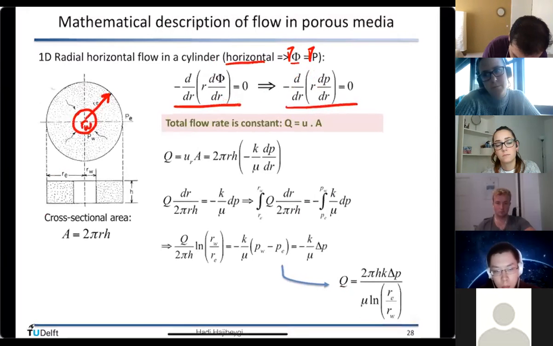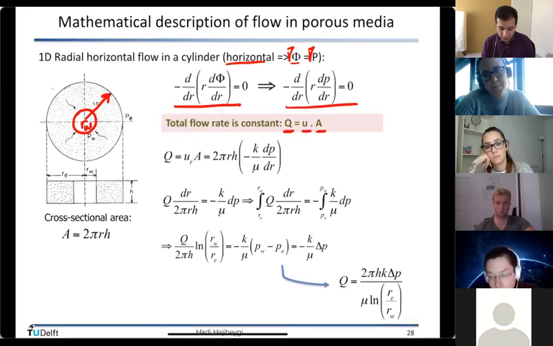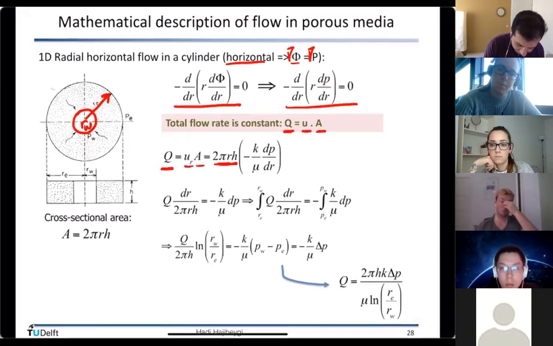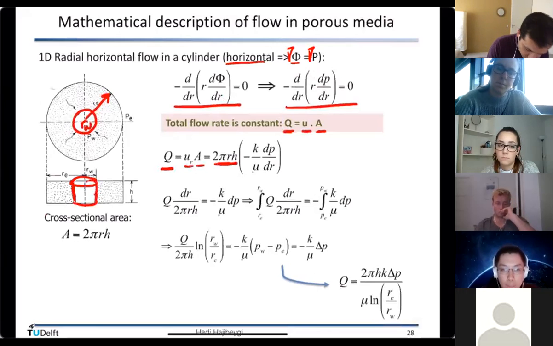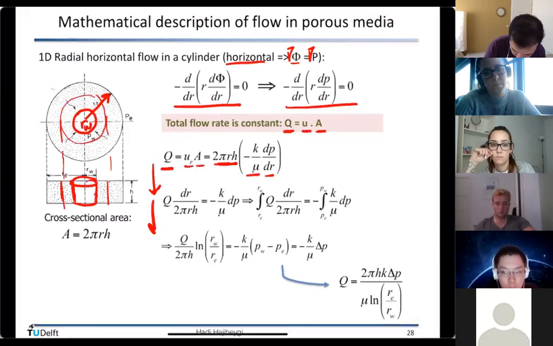And we know the total flow rate of my well is velocity times cross-section area A. If I do so, I find my cross-section area times velocity, which is the flux of my well, is 2 pi RH, which is this cylindrical cross-section, at any point, times minus K over viscosity dP dr. If I do all the mathematics, which is extremely convenient here, it's just integration.